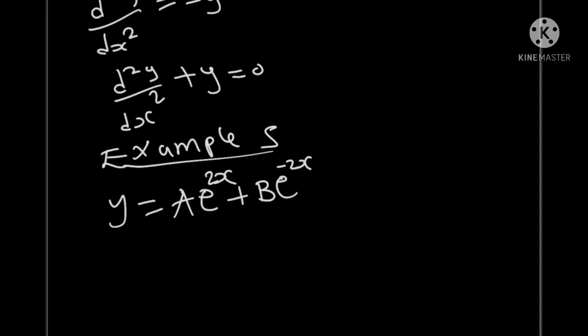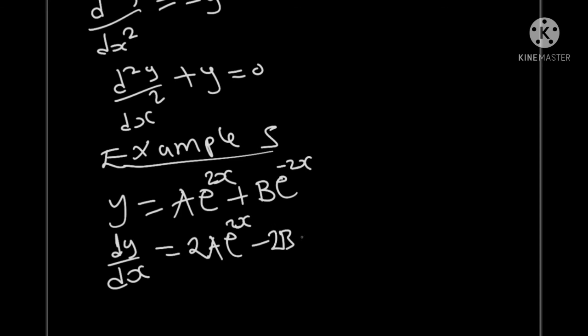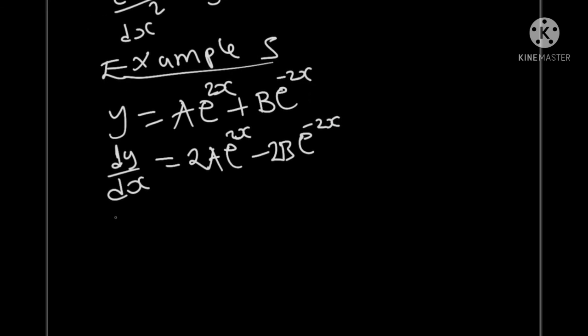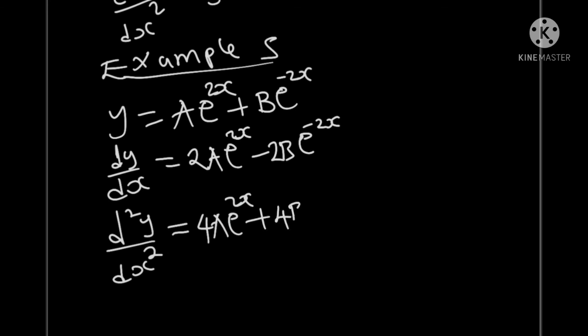Let's start. dy over dx equals 2a exponential 2x minus 2b exponential minus 2x. d squared y over dx squared equals 4a exponential 2x plus 4b exponential minus 2x.